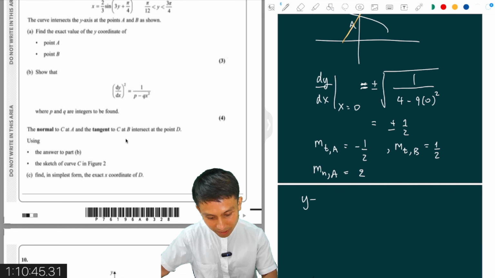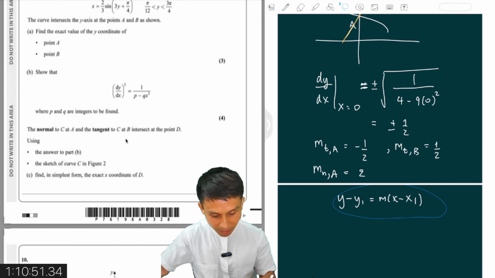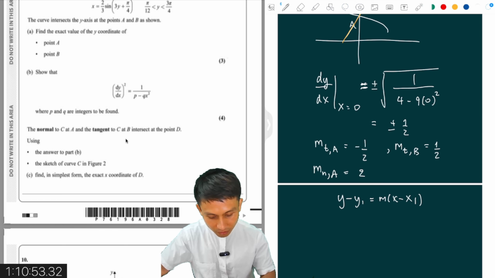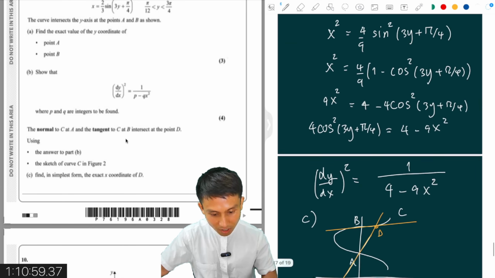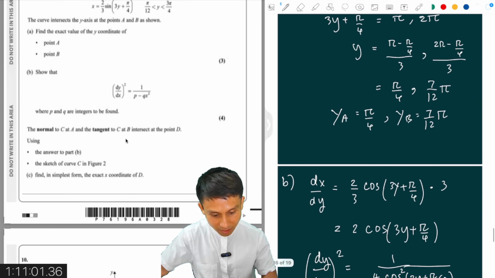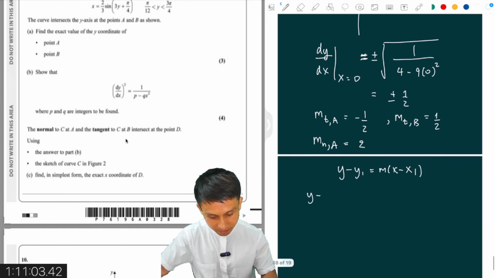So y minus y1 equals m times x minus x1. We're going to use this for both lines. So for the normal, y minus y1, this should be at point A. So point A, y1, ya is, where's ya? Pi over 4.